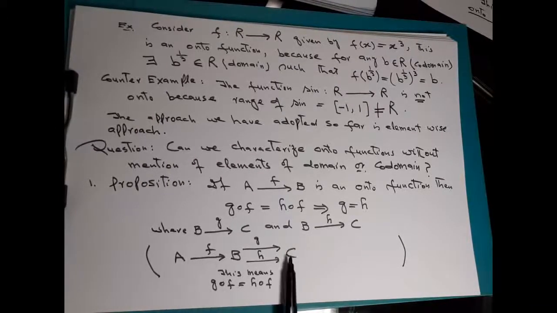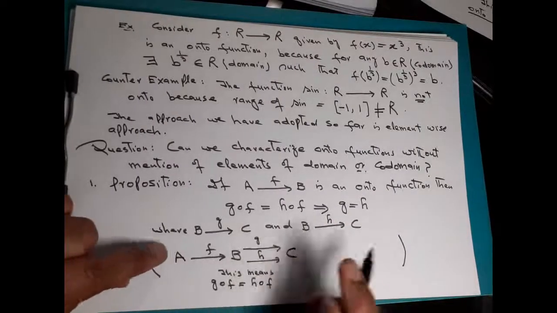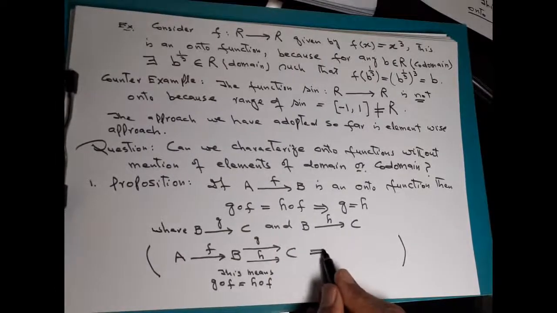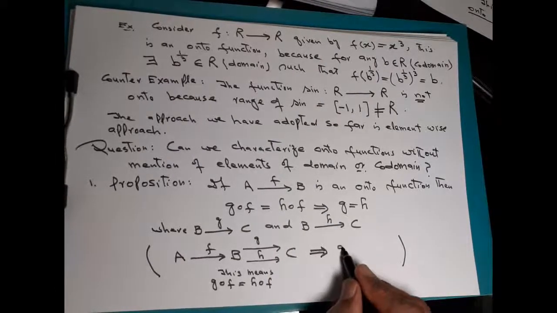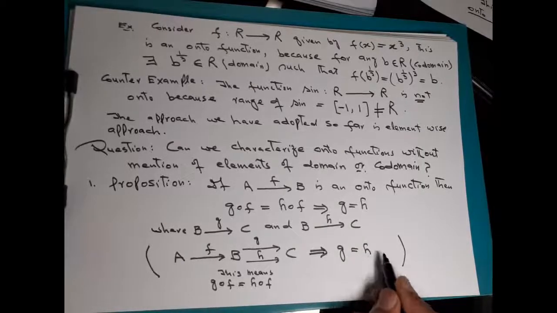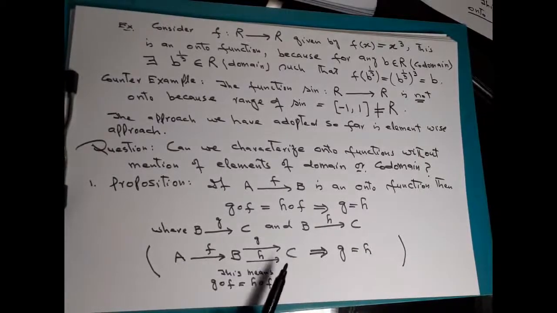If we draw this diagram and we decide among ourselves that whenever we draw this diagram we will mean that G circle F is equal to H circle F. So this diagram means G circle F is equal to H circle F. Then the result I have written above simply says that if this diagram is there, then G is equal to H. So it is comparatively simple to see it now.